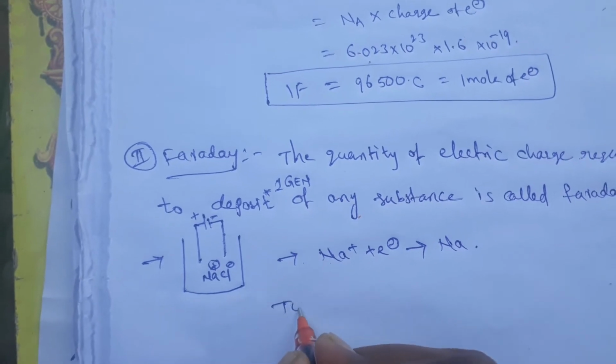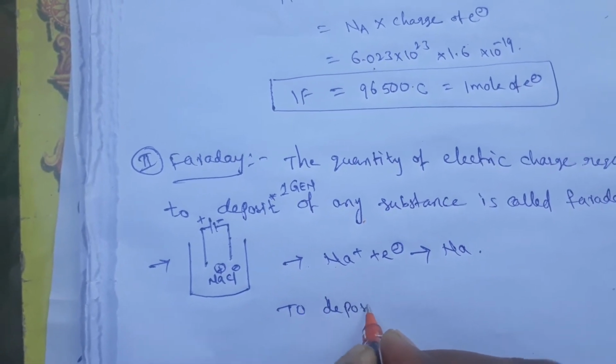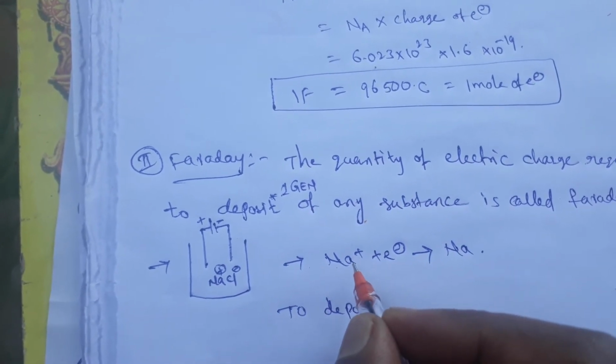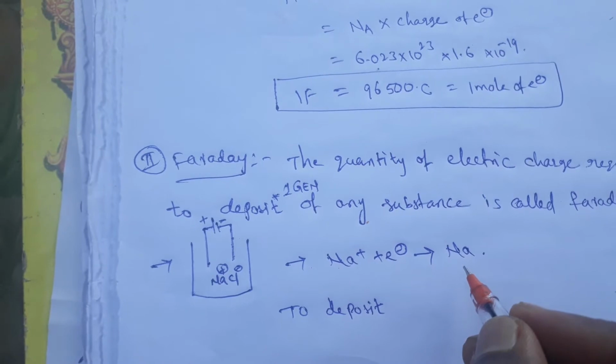So to deposit, how many moles of sodium plus ions will be there? 1 mole. And how many moles of sodium are depositing? 1 mole.